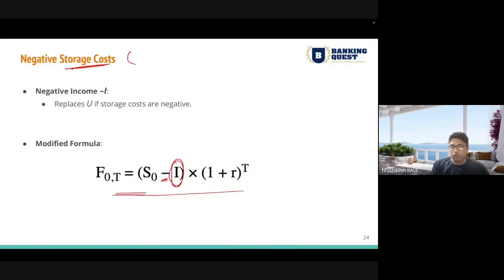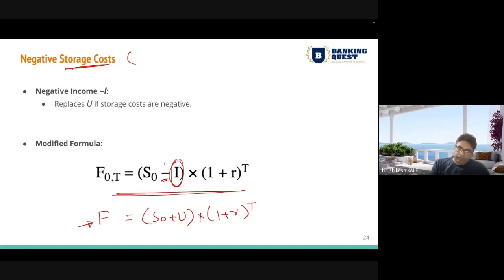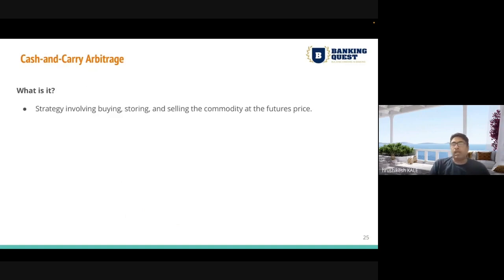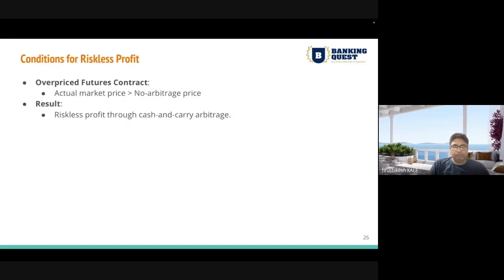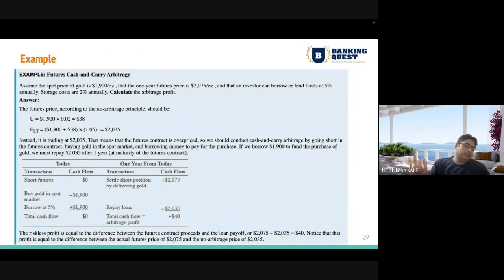This is just to show the two variations of calculation of future and forward price. So if it is income, the sign is negative. If it is cost, the sign is positive. That's it. Let us look at an example of cash and carry arbitrage. We're using this example. Okay. Let us see. Assuming the spot price of gold is 1900.